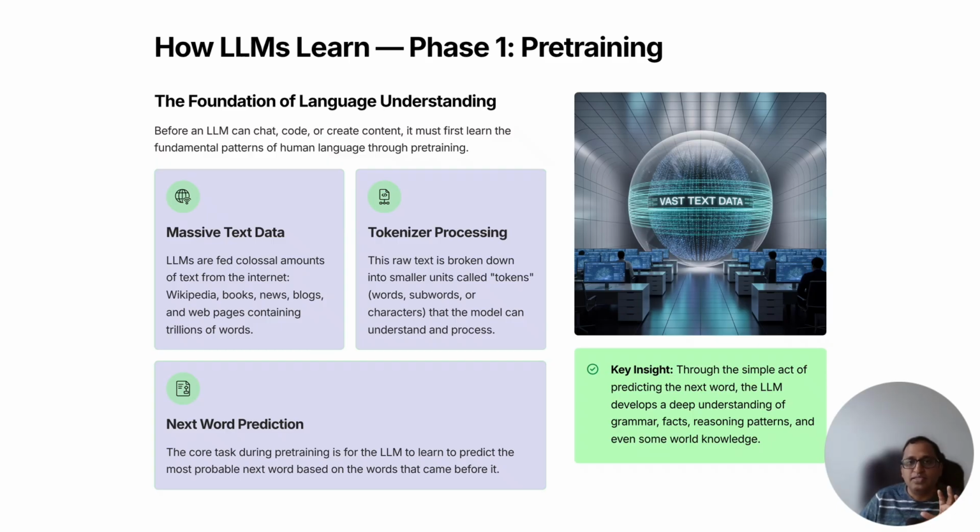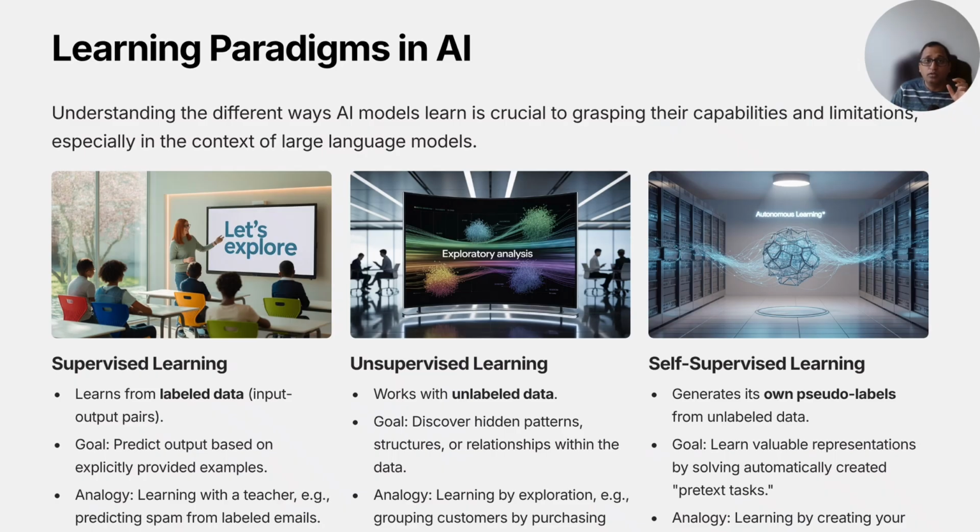So essentially, to summarize, pre-training is where an LLM builds its core language intuition. It is like teaching the model to read and think before we ever teach it to perform a specific task. Now let's take a moment to understand the different types of learning any AI model can go through.